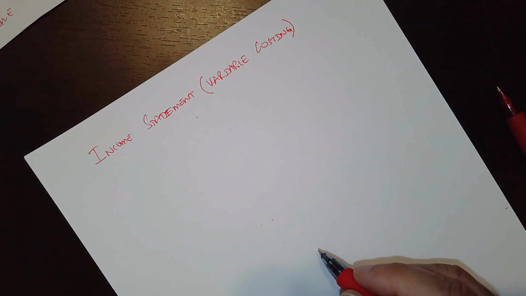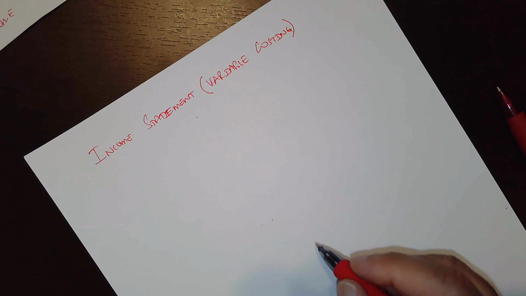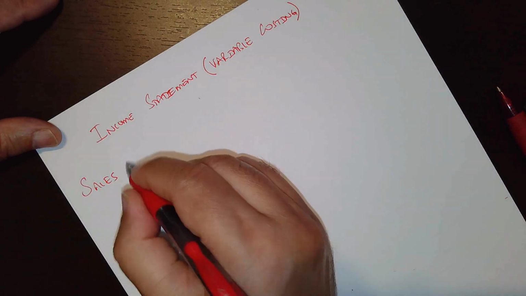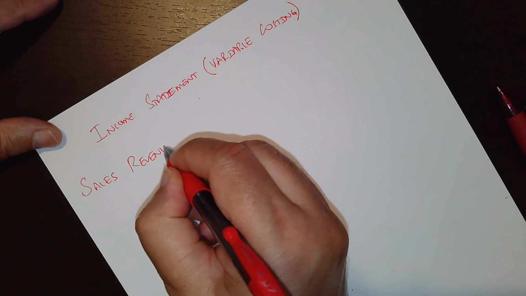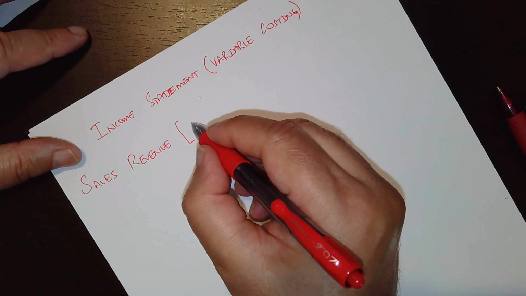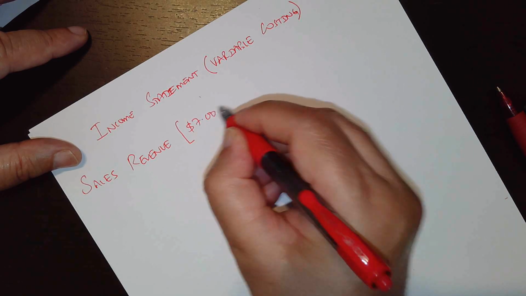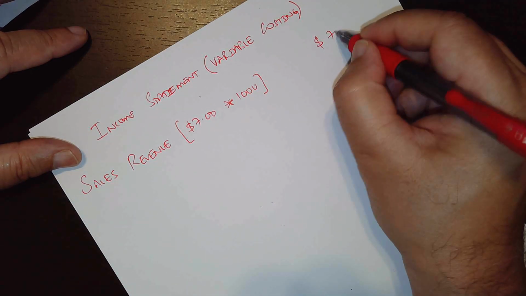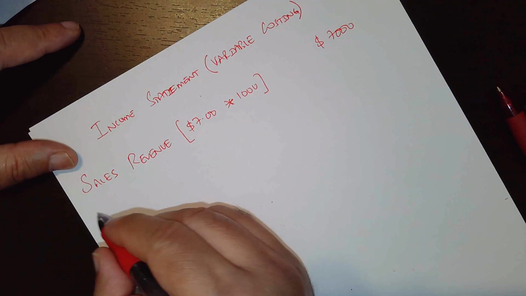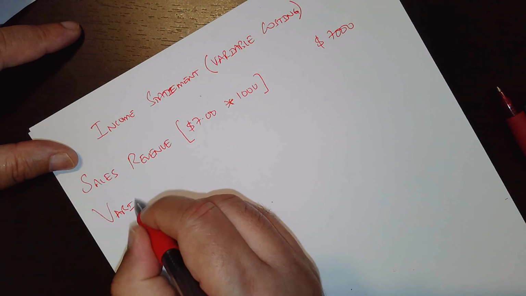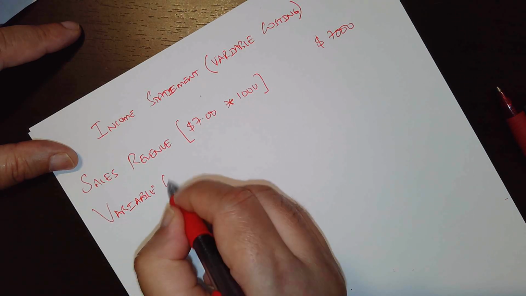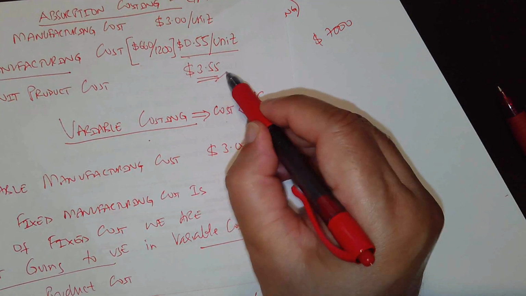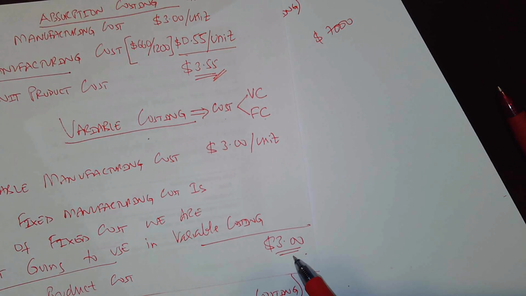All right. So in variable costing, we have a sales revenue. Again, we are selling at $7 per unit and we are selling 1,000 units. So that will give us $7,000. And the variable cost is different. In the absorption costing, it was $3.55, and here it is $3.